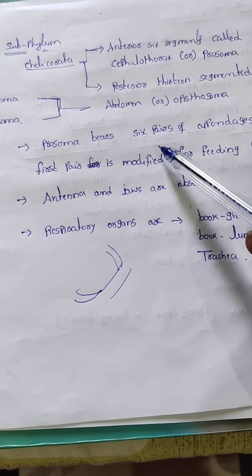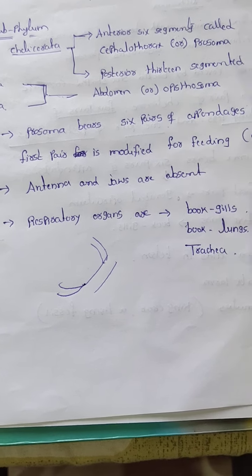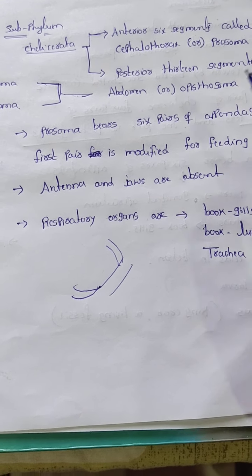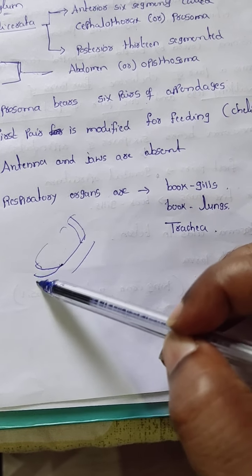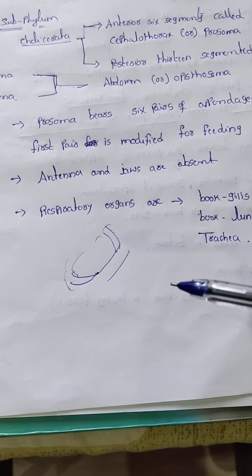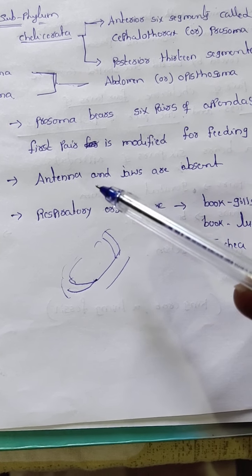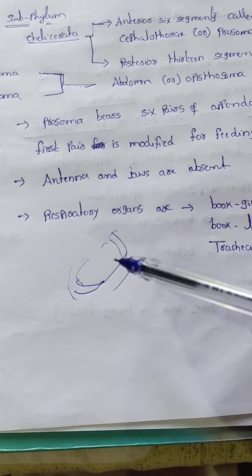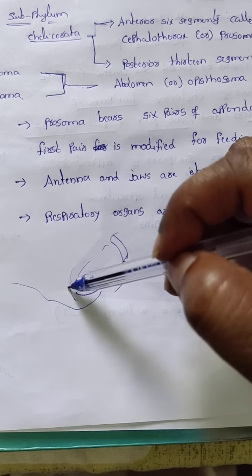That's why, how many pairs of appendages do they have? 6 pairs of appendages. Among the 6 segments, the first pair is modified into a feeding part. This is useful for feeding, for eating purpose. Antenna and jaw are absent. Antenna means, if you see prawns, they have long thread-like structures.